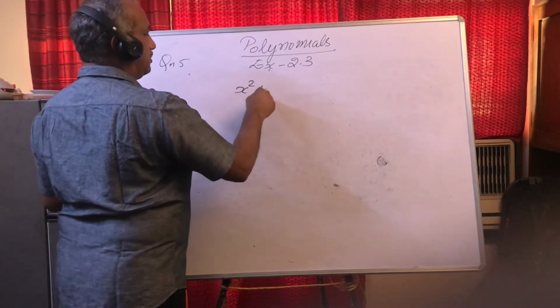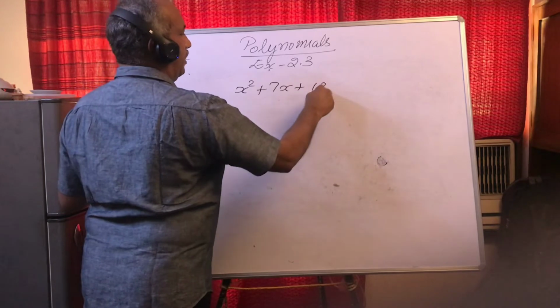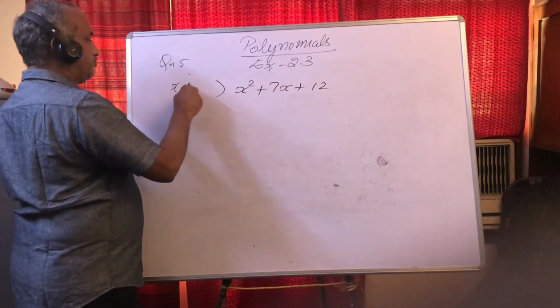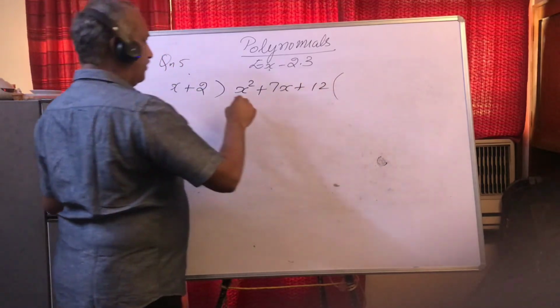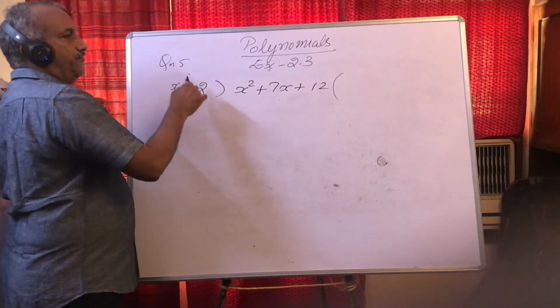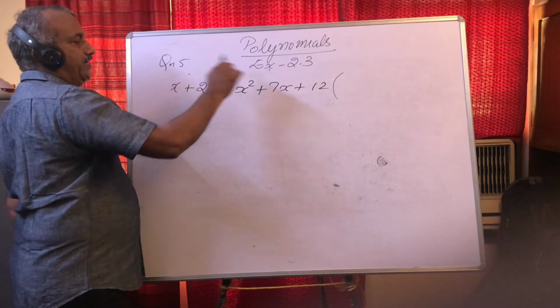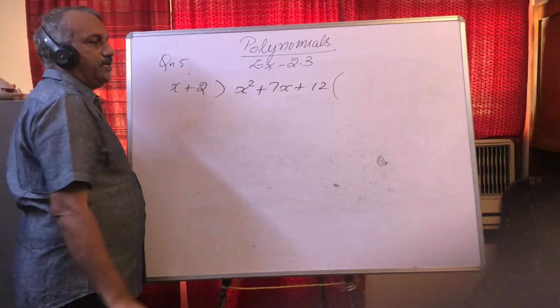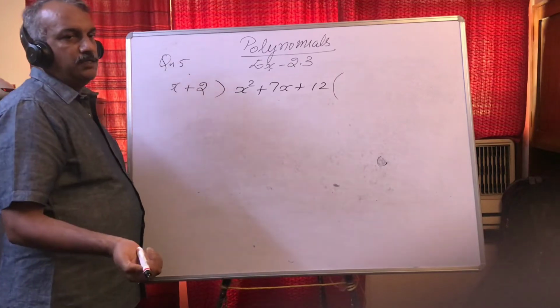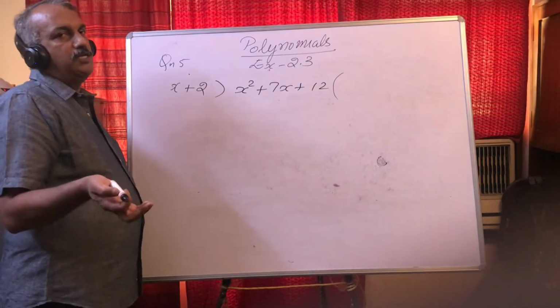Say x square plus 7x plus 12 divided by x plus 2. When we are dividing, we know, using the remainder theorem, that we can find the remainder by putting minus 2 in place of x, and the remainder will be a number. So the power of the variable is 0 only.